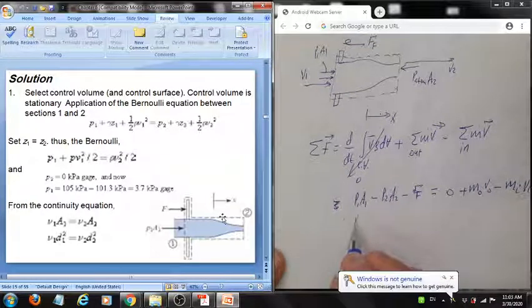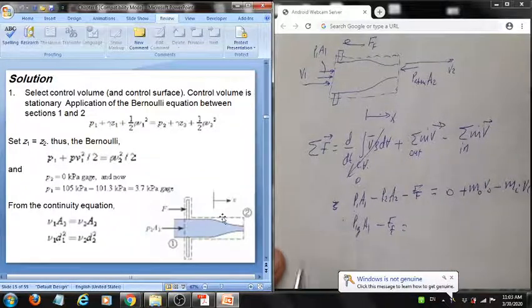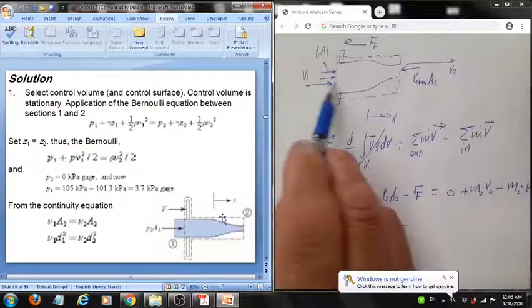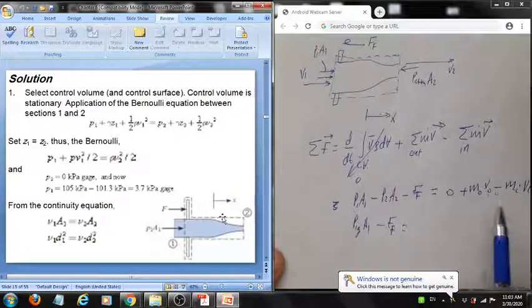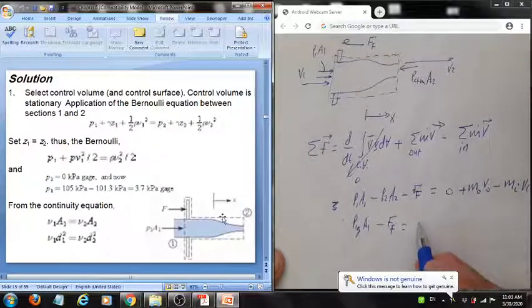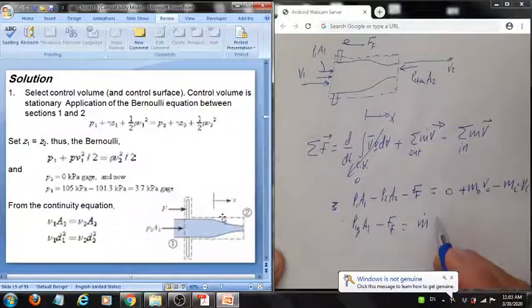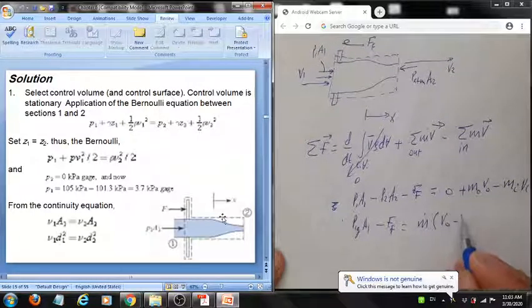So mainly P1 gauge A1 minus F flange in this manner. Now under steady state condition for the mass balance, mass entering equals mass leaving. So we recognize that m dot outlet equals m dot inlet, so we can take it out, and then we end up with V out minus V inlet.